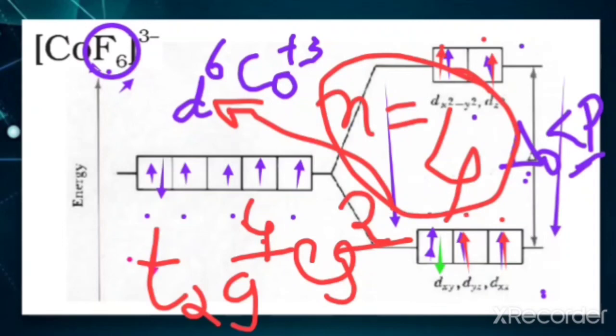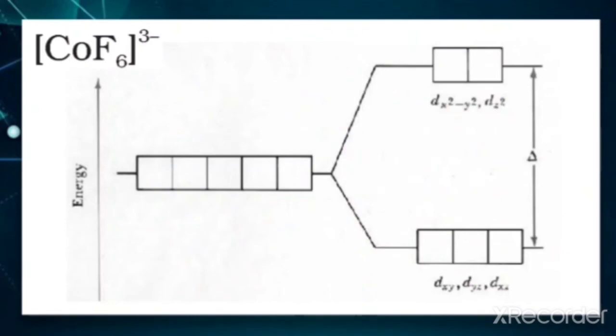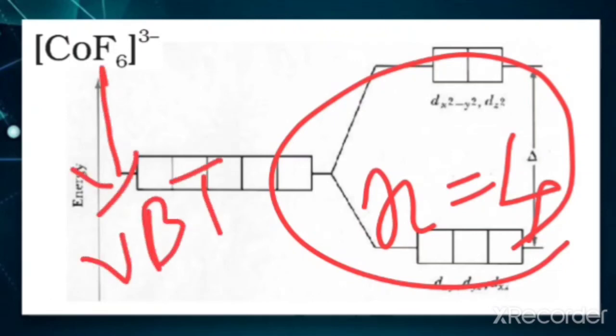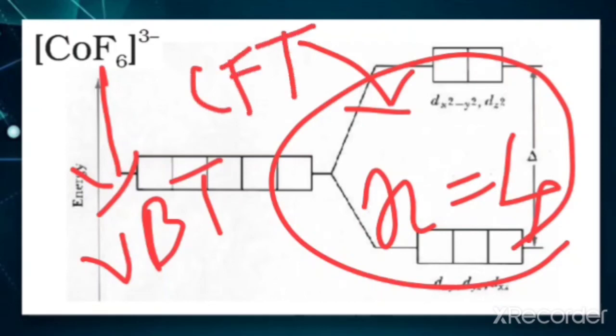When you compare this with the same complex which we discussed in hybridization, there also we got the number of unpaired electrons equal to 4.